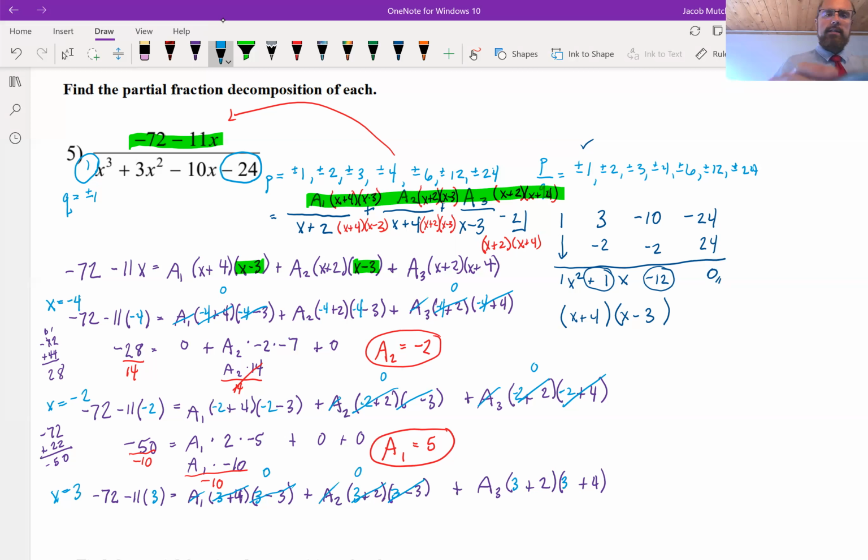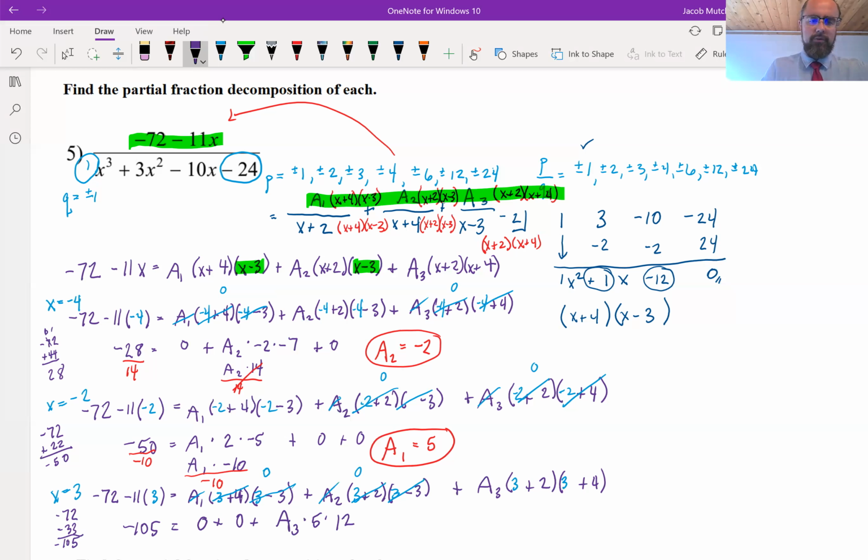So the way this is going to simplify will be negative 72 minus 11 times 3. So that's negative 72 minus 33, which is going to be negative 105, equals 0 plus 0 plus a sub 3 times 5 times 12.